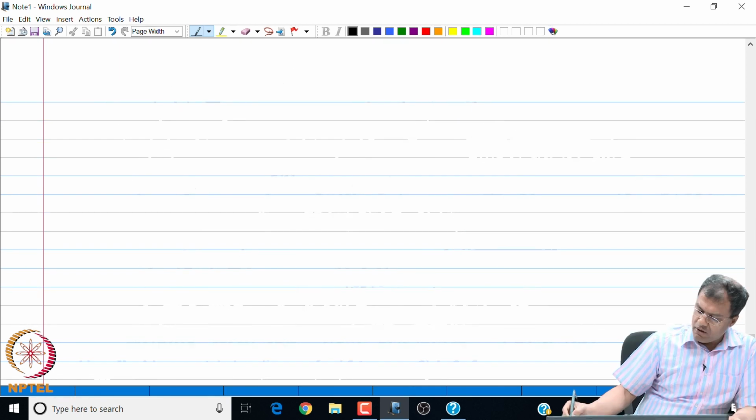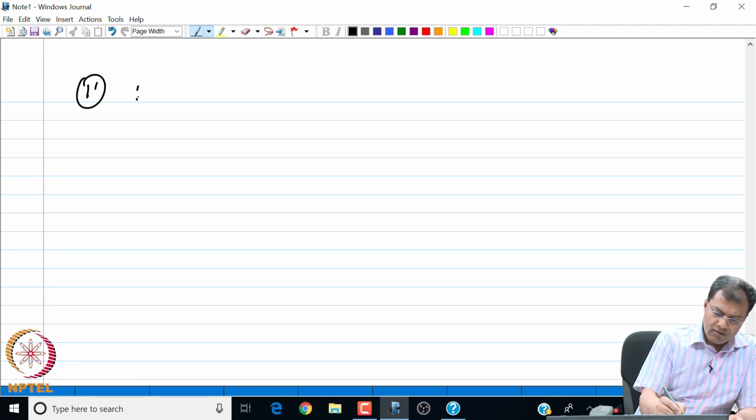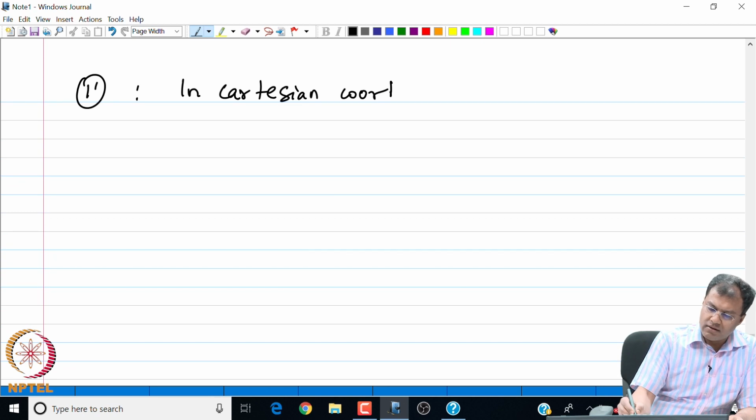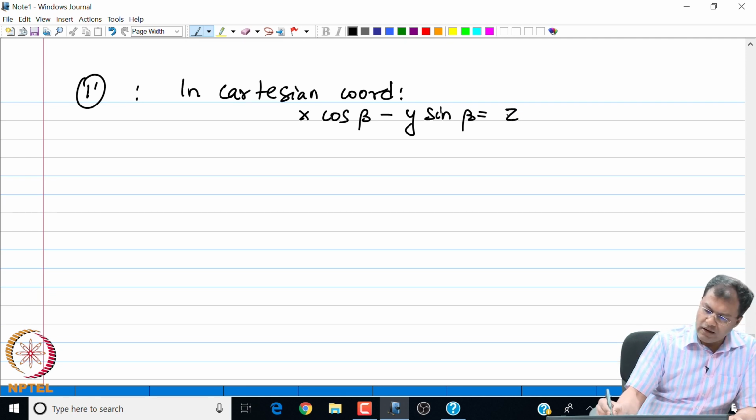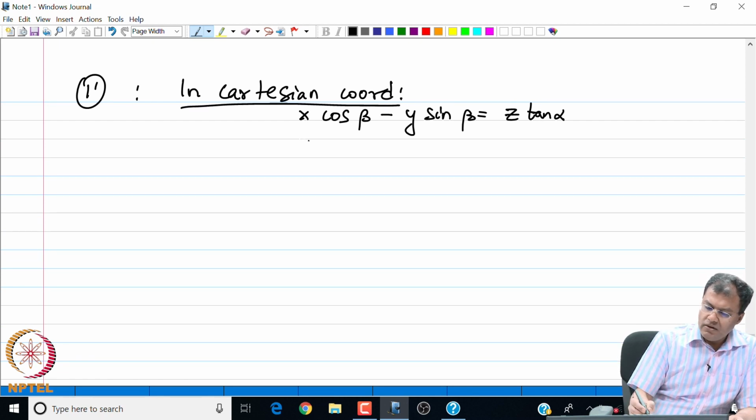So, we can now rewrite 1 prime in Cartesian coordinates. My equation has boiled down to the following expression: x cos beta minus y sin beta is equal to z tan alpha, where x, y and z are on the surface of the sphere.